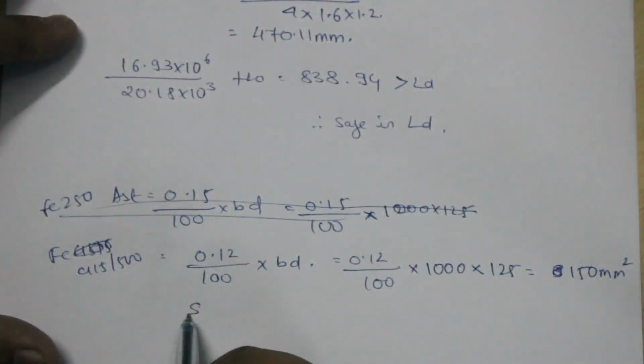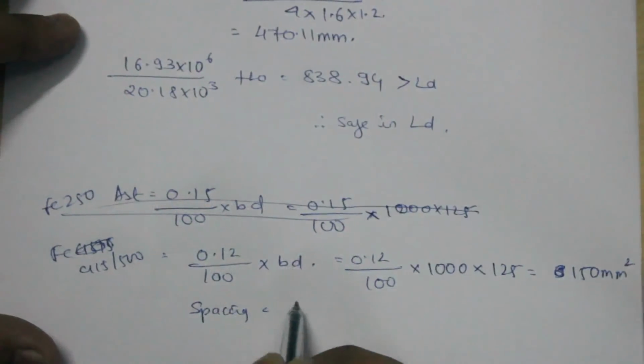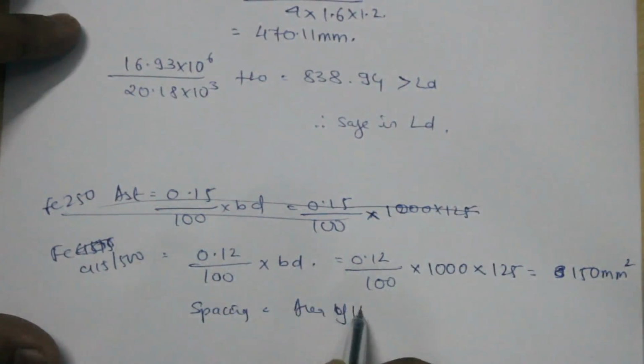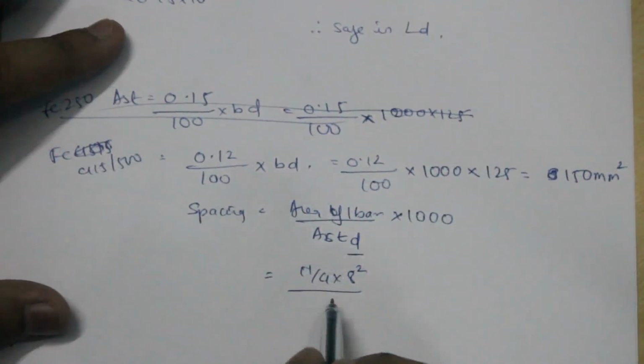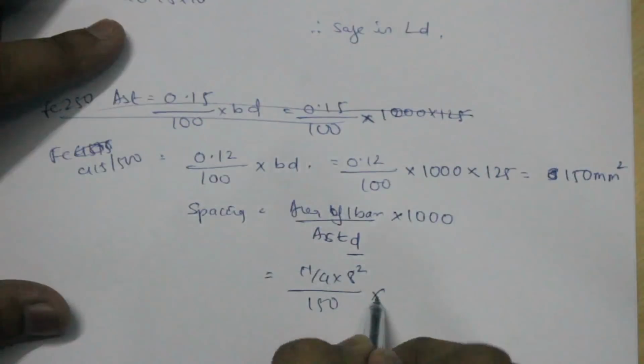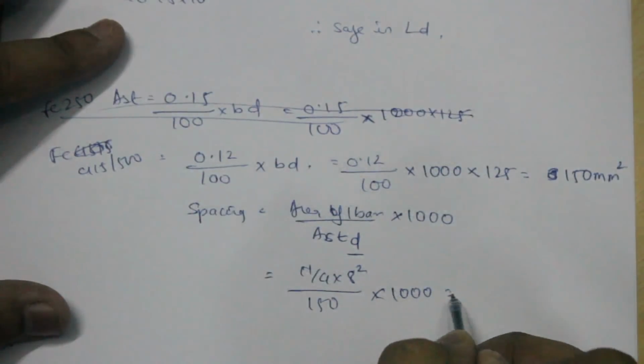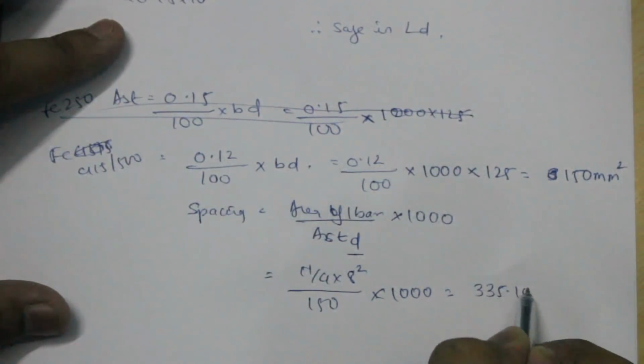Now spacing is given as area of one bar upon AST, that is for distribution steel, multiplied by the unit width of the slab, that is 1 meter. So area of one bar is pi by 4 into 8 square upon AST, which is 150, multiplied by 1000. So your spacing is 335.10 mm.